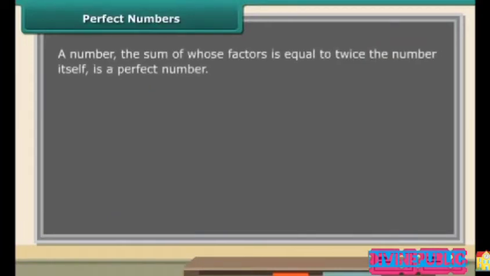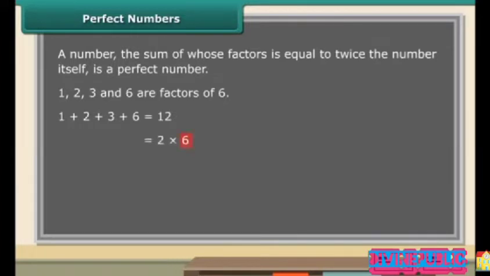Now the next point. A number for which the sum of its factors is equal to twice the number itself is a perfect number. For example, 1, 2, 3 and 6 are factors of 6. The sum of the factors 1, 2, 3 and 6 is 12, which is the same as 2 times the number 6.